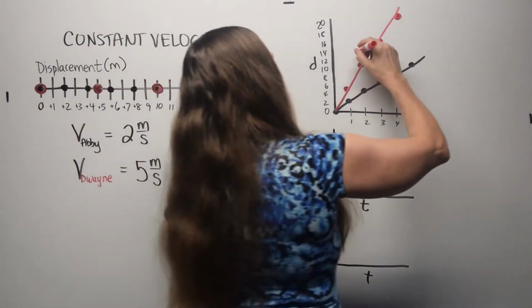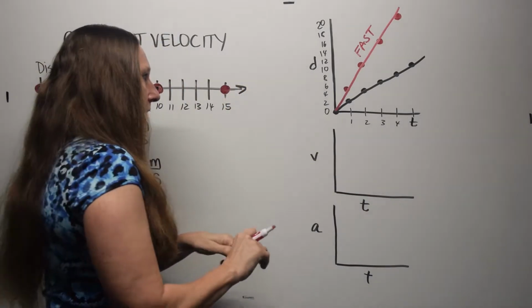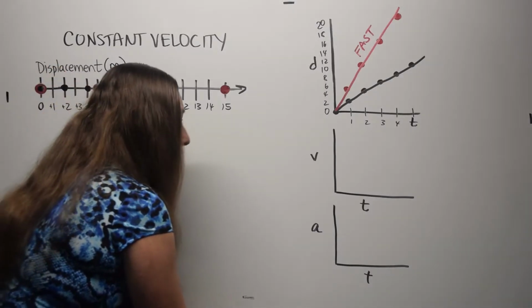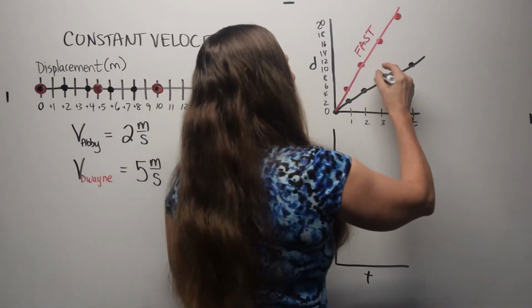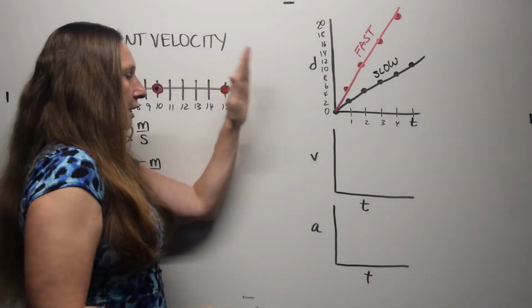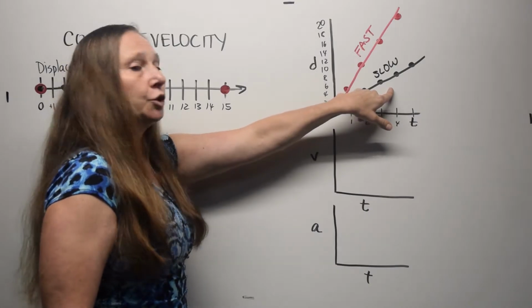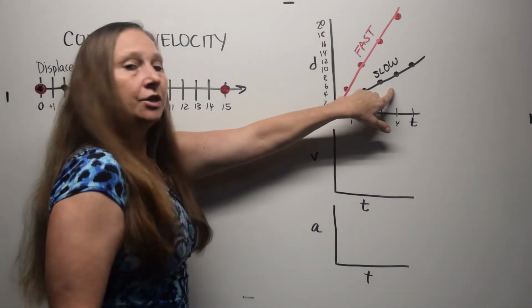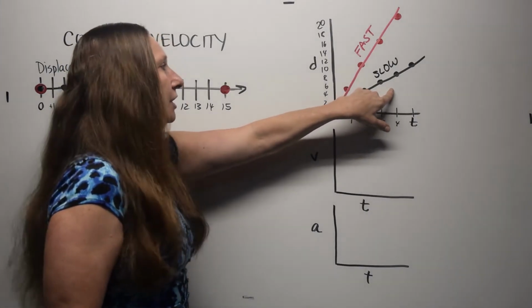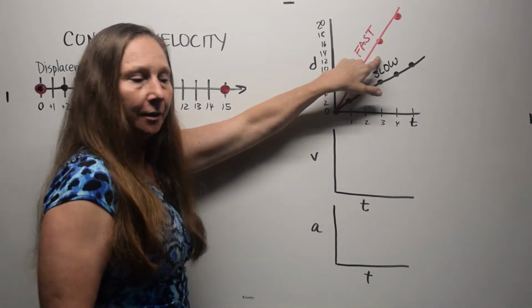And you also see that if you're moving fast, it's a greater slope, a higher slope. And if you're walking kind of slow, then the slope is lower. A smaller slope is a slow constant velocity. A greater slope is a faster constant velocity.